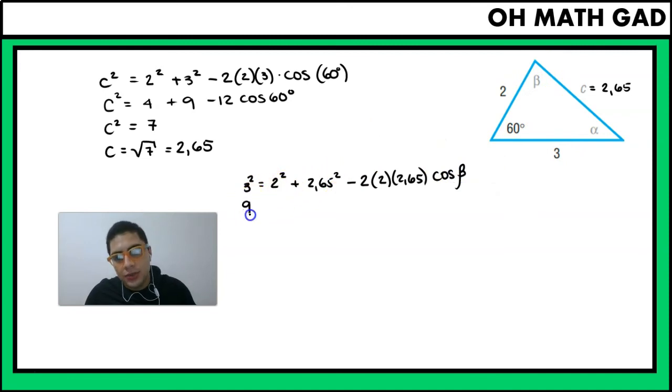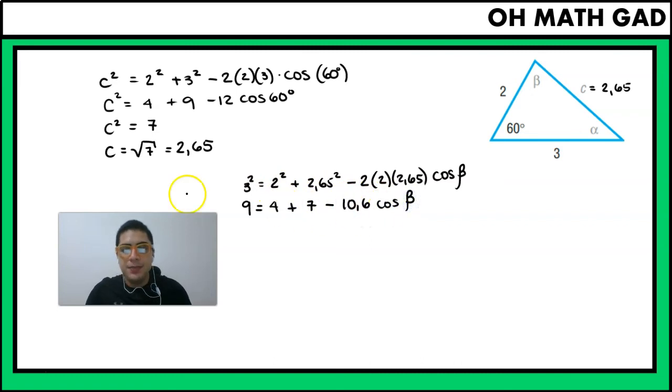And we're gonna solve. So this is 9 equals 4 plus, right, 7 minus 2 times 2 times 2.65, which is going to be 10.6 cosine of beta. And we're gonna solve for beta. So again, this 4 and that 7, I'm gonna move them to the left side by subtracting.